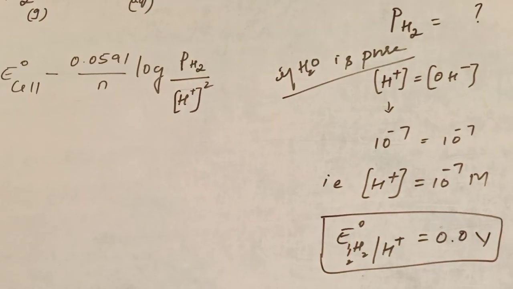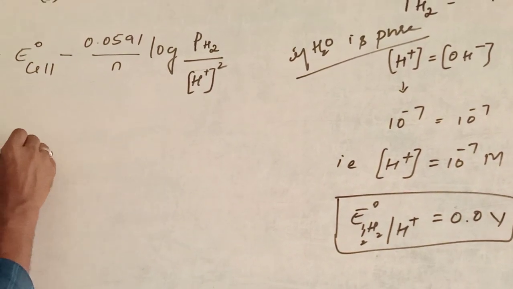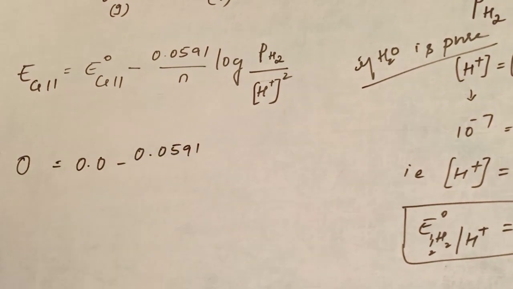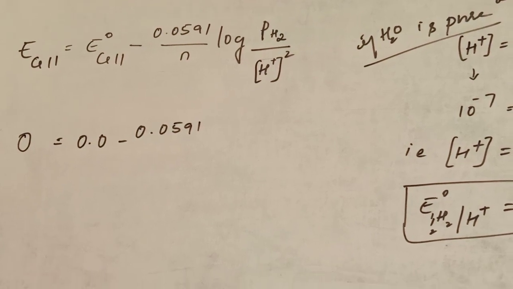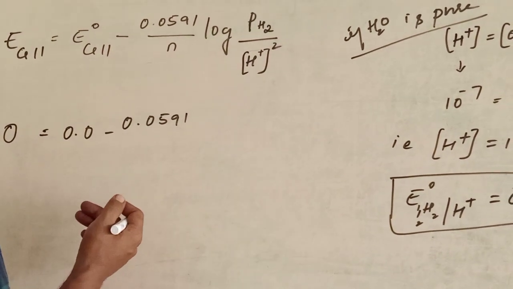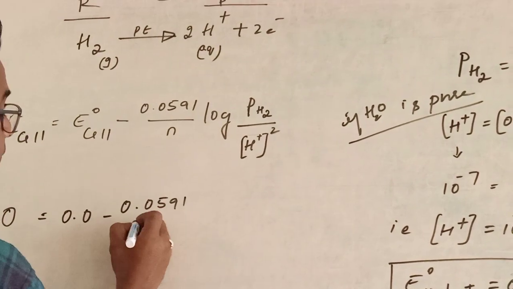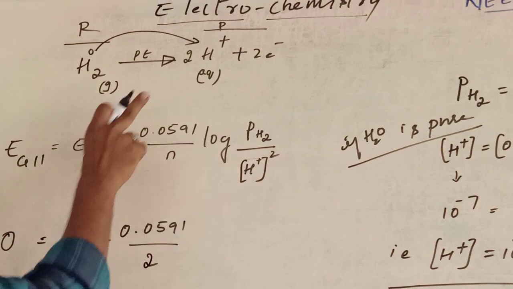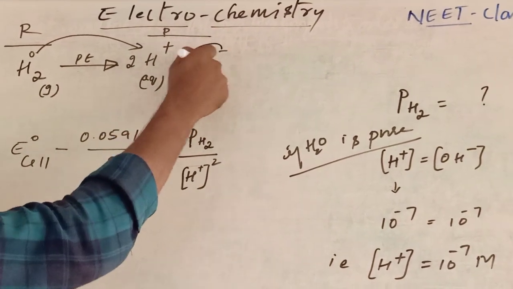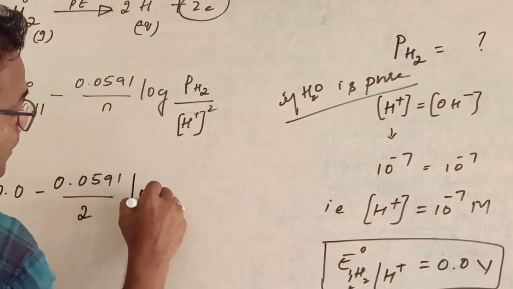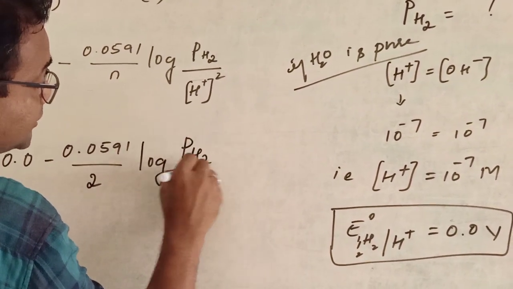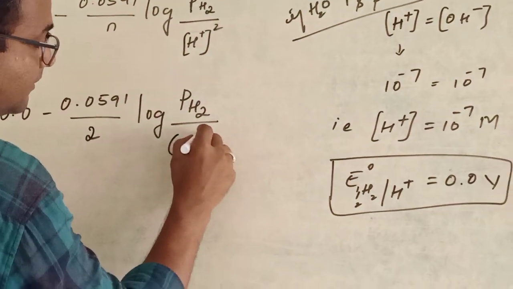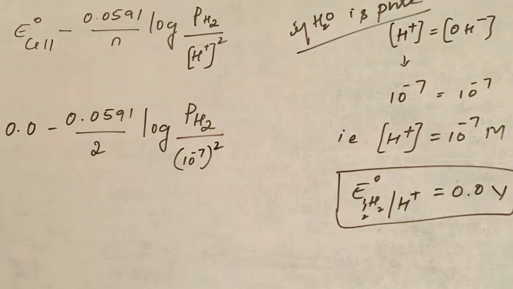So 0.0 volt minus 0.0591 divided by n, the number of electrons exchanged. Because of 2 hydrogens, 2 electrons change. So log P of hydrogen by the molar concentration of hydrogen ion, which is 10 power minus 7, whole square.